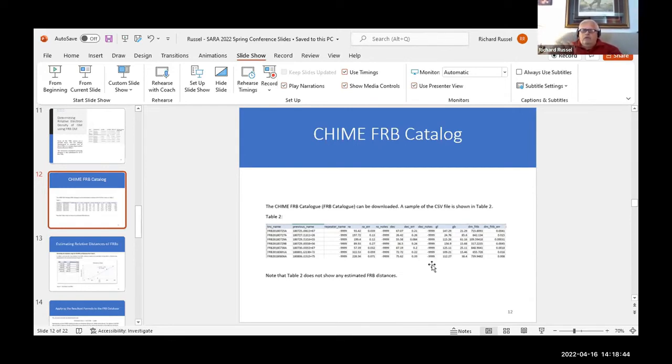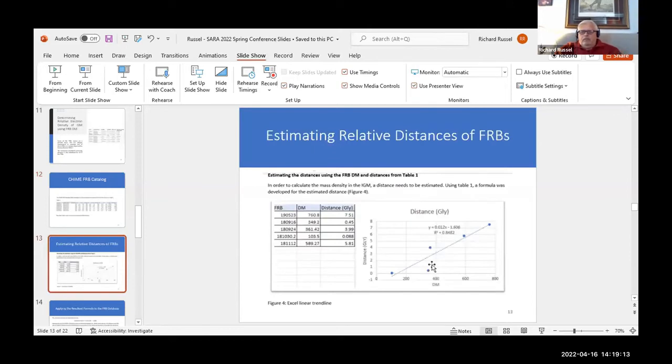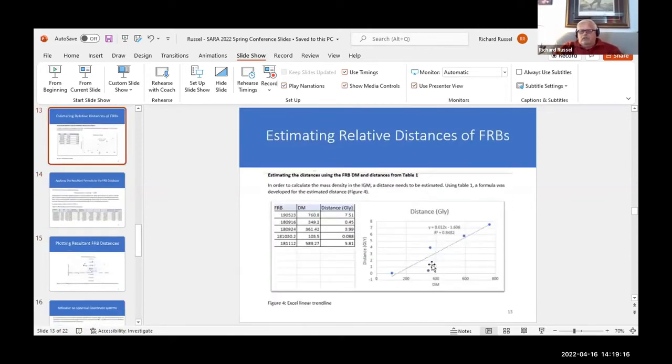So here, the big assumption I'm going to make, which really is, everybody will jump on me for this, is that I had to get some kind of a relative distance to the FRB catalog in order to use this against the entire 3D space. So I took the ones that we knew the distances to, and I basically came up with a linear approximation.